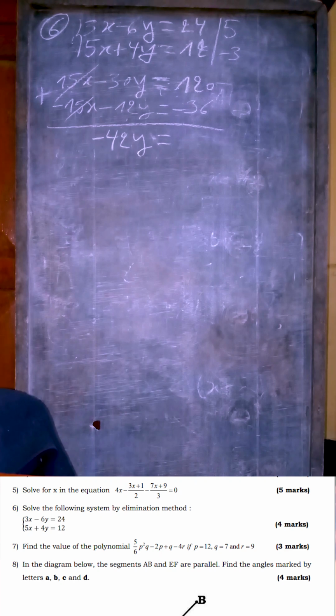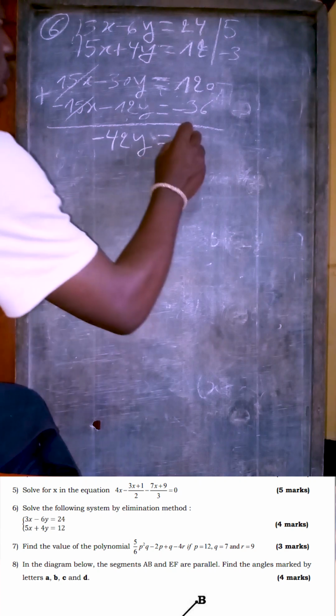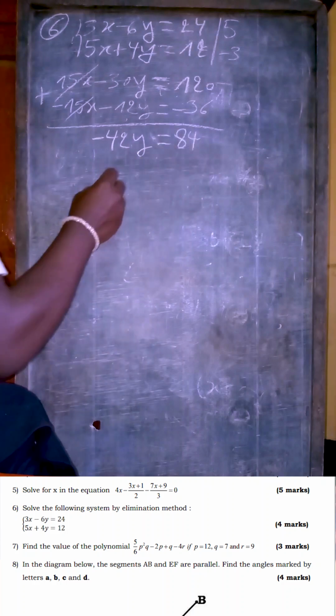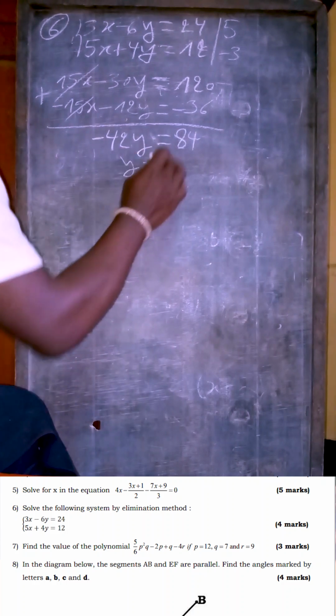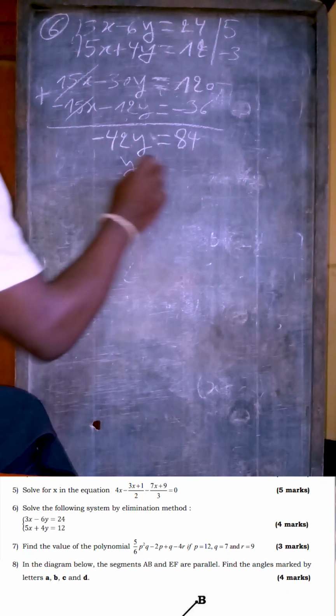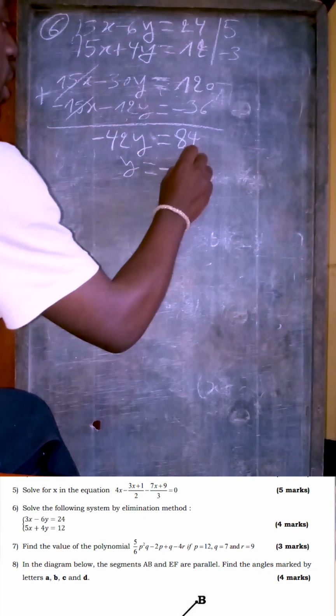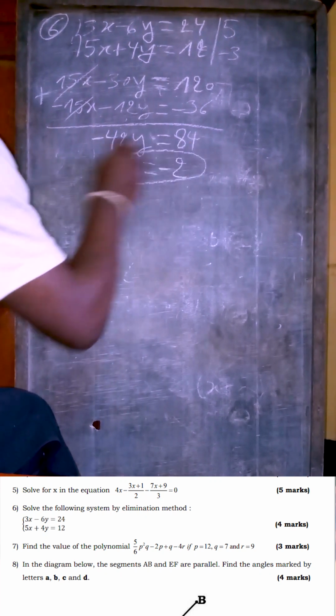Minus 36. Let us check. 120 minus 36 is equal to 84. And then y is equal to 84 over minus 42. It will be minus 2, as we see.